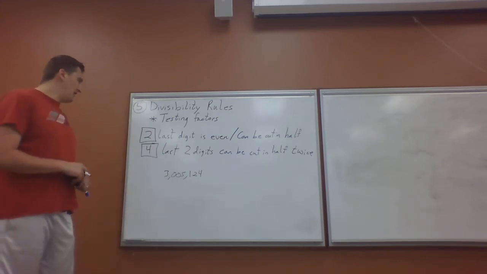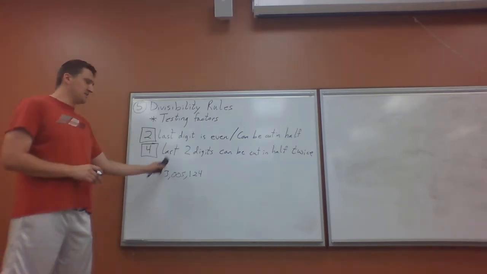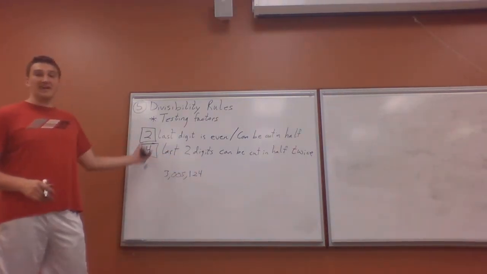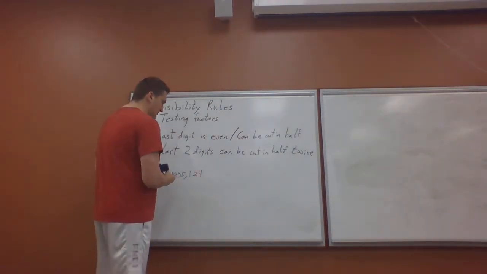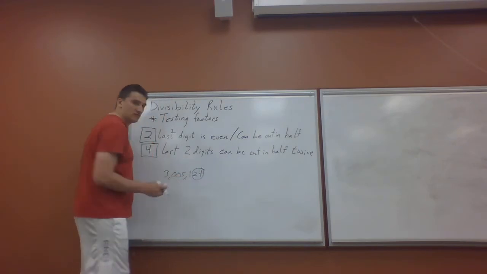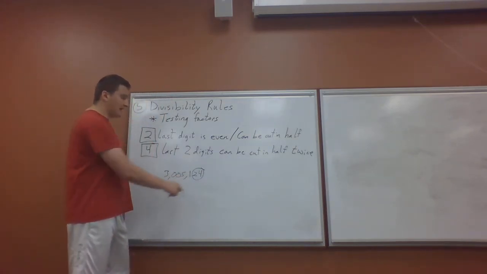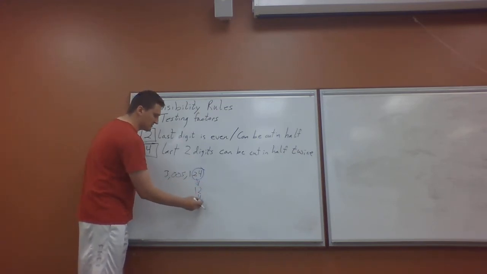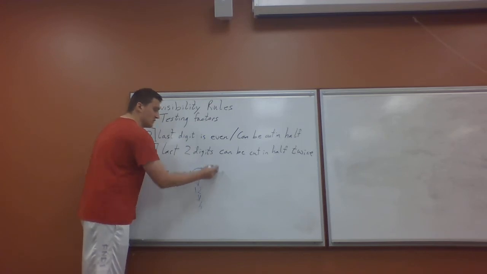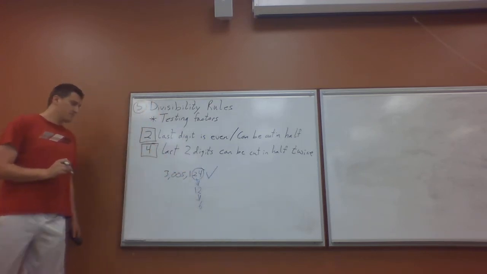Well, I don't need to check to see if I can cut this number in half and then cut it in half again. I just need to check to see if those last 2 digits can be cut in half twice. Can I cut 24 in half twice? Well, let's see. Half of 24 is 12. Half of 12 is 6. So yes, this one is divisible by 4.